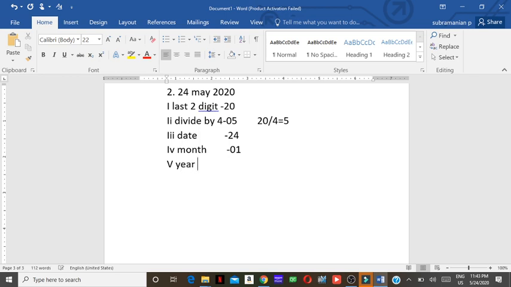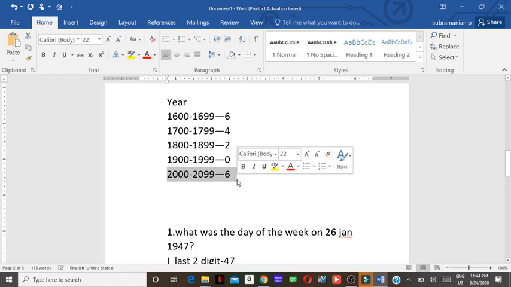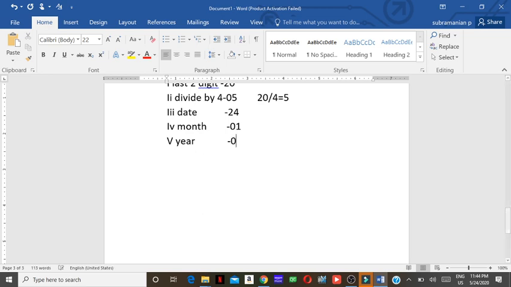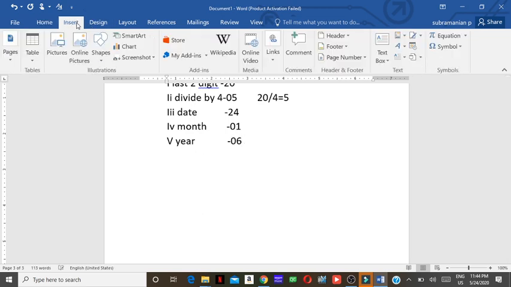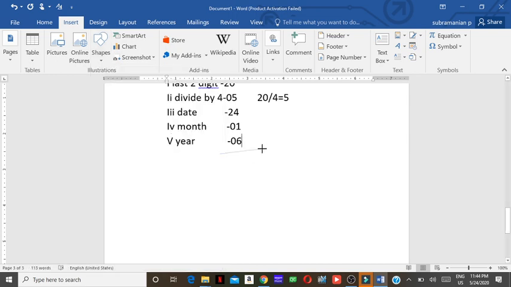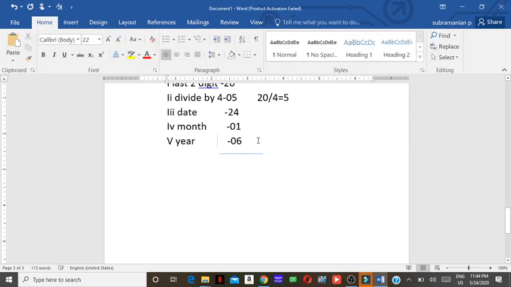The year is 2020, so it will fall between this, and we have to represent it as 6. 0, 6. By adding this, we can get 56.